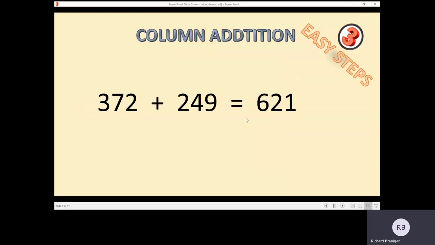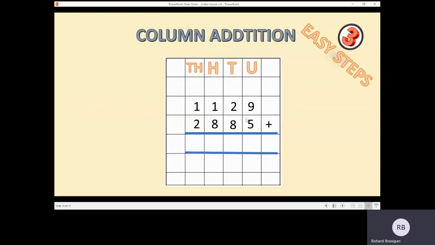So hopefully that has helped you out and given you a little reminder of how to solve column addition problems. One of the beauties of column addition is that you can use it to solve any addition problem with positive numbers. For example, you can use it to solve 4-digit numbers. You can make the questions as big as you like with as many digits as possible.